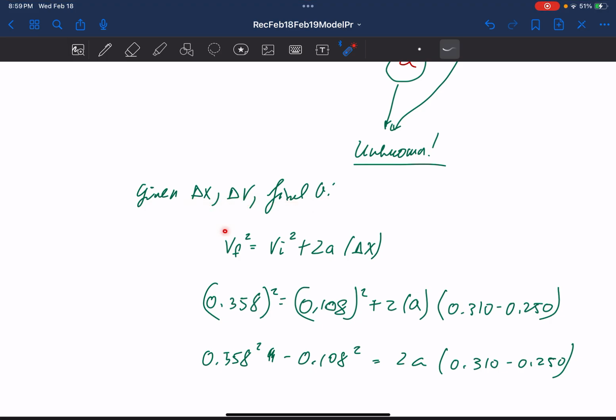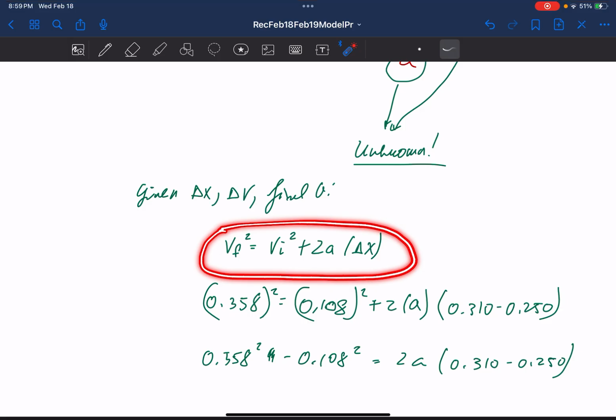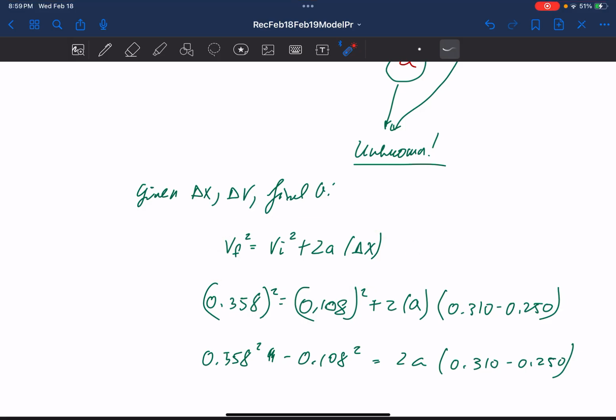And there's only one equation that we can do that with, and that's the forgotten equation, where v final squared is equal to v initial squared plus 2a times change in position. So v final is given to us in the problem, that's 0.358. V initial is 0.108. Acceleration's unknown, that's what we're solving for. And then the final position is 0.310 meters minus initial position, which is 0.250 meters.